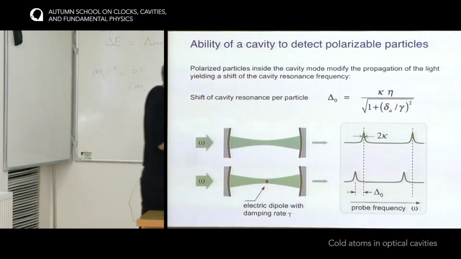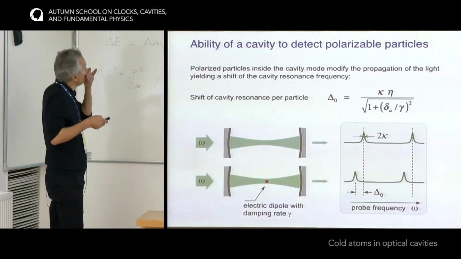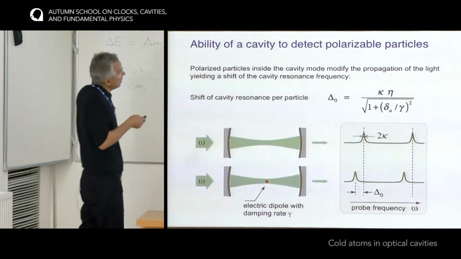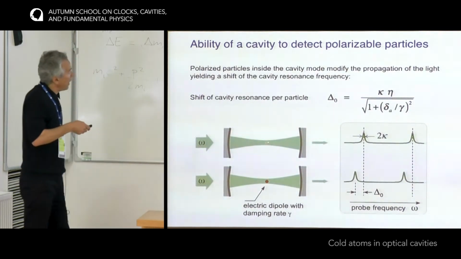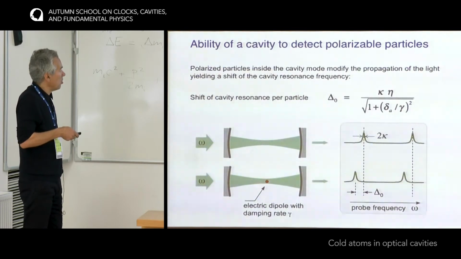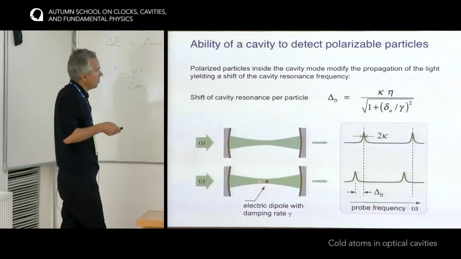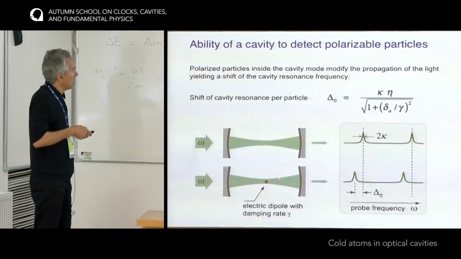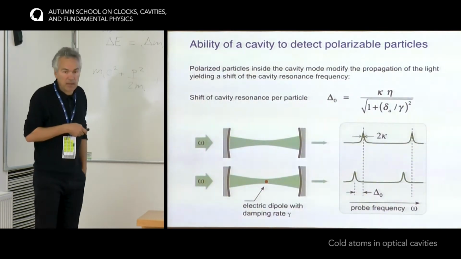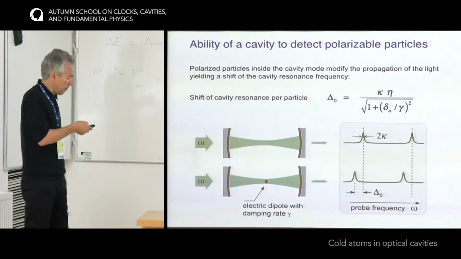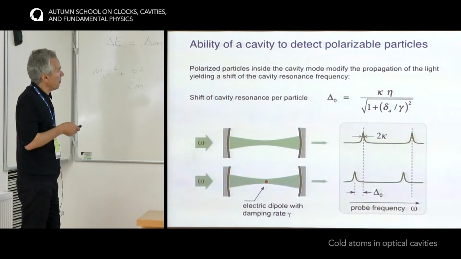And finally, there's the ability of the cavity to detect polarizable particles. And what I mean by that is the following. If I have a cavity and I put an electric dipole of any kind into the cavity, I can ask myself, how does that affect the cavity resonance profile, the spectral shape of the resonances?